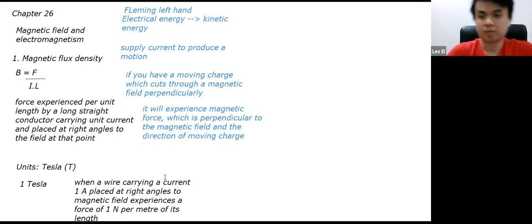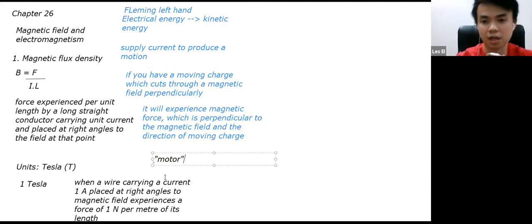Okay, so probably it will be a bit confusing for some of you who are new to physics. The simple case that you use daily is a motor. A motor is something that can rotate. This includes the fan and the blender that you use in your daily life.